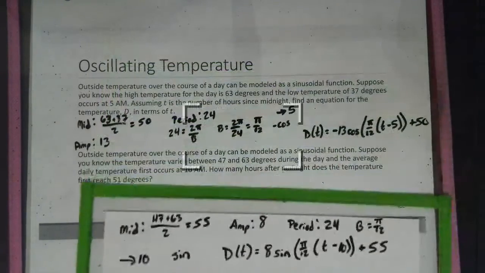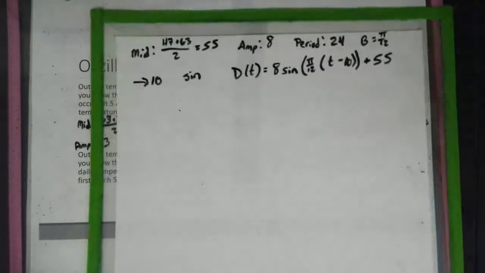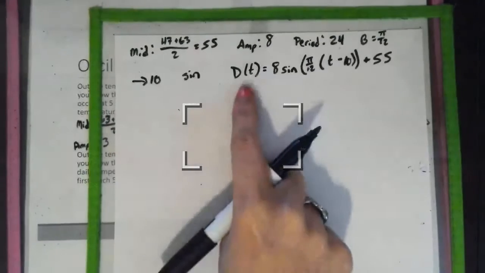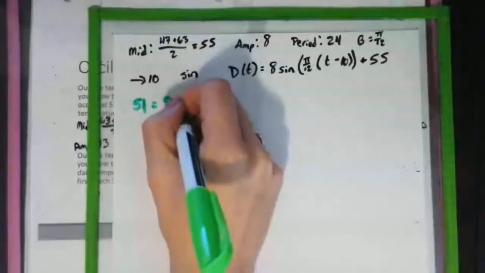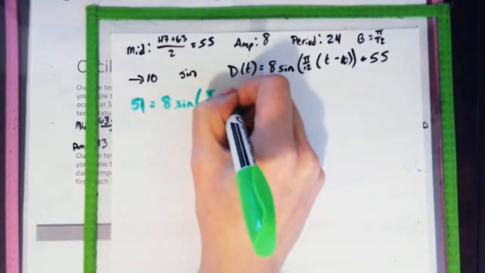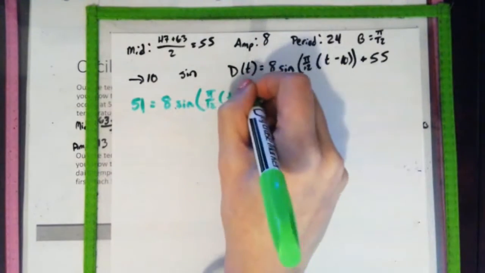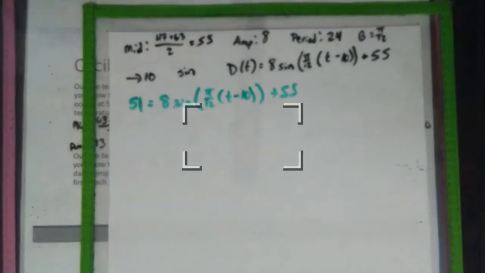We are being asked how many hours after midnight does the temperature first reach 51 degrees? So I want the temperature to be 51 degrees. Let's see if we can solve that. I'm going to plug in 51 for d of t. 51 is equal to 8 times the sine of pi over 12 times t minus 10, plus 55. I'm trying to solve for t.